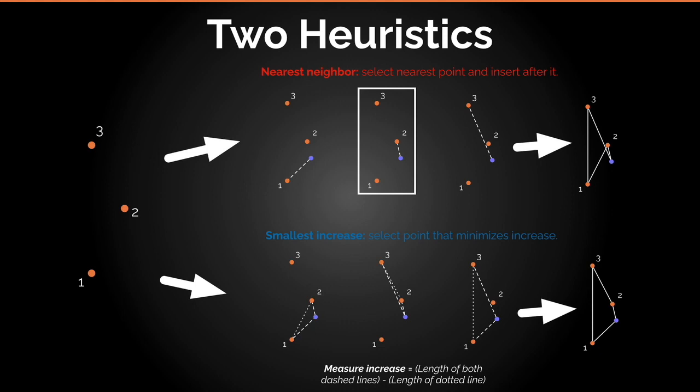Again here, in 1, 2, 3, we're going to measure the increase of adding the point between 2 and 3. Before we were adding that point, we had this edge, and after we have it, we're going to have this path. So we're measuring this minus this to measure how much the increase will affect the overall tour.